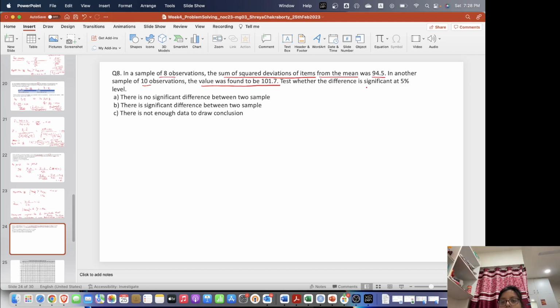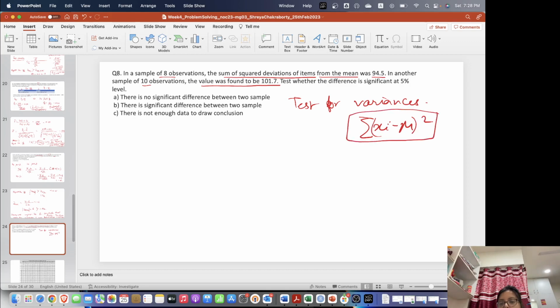Test whether the difference is significant at 5% level. Here what we are testing the difference of is actually variances, if you see, because we are taking the sum of squared deviation from the mean.